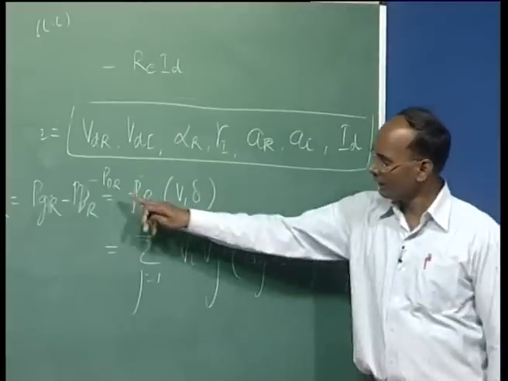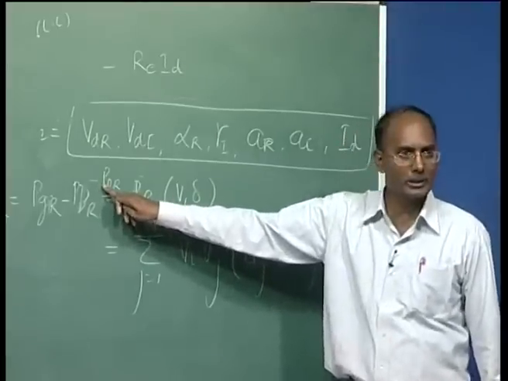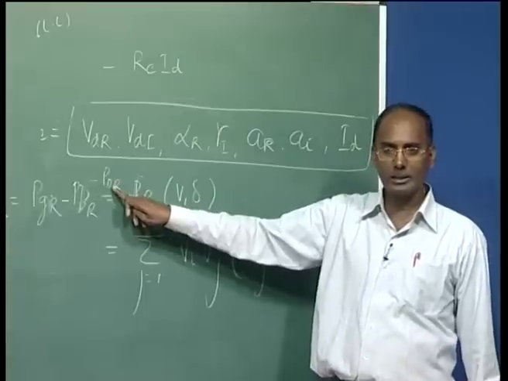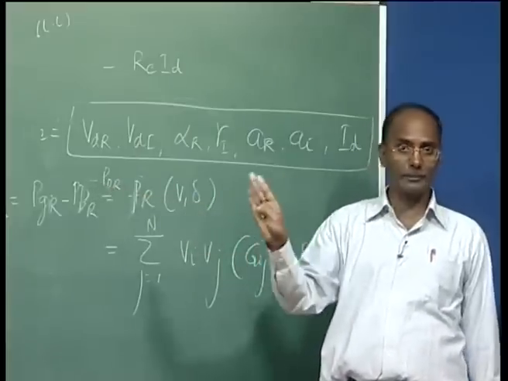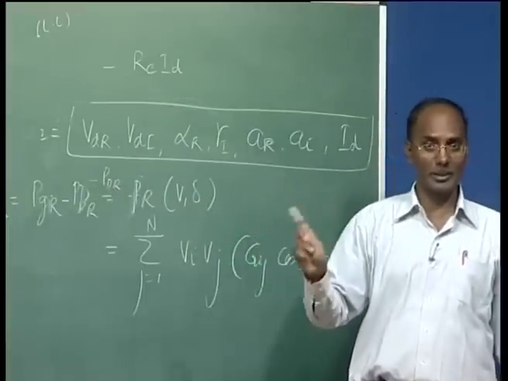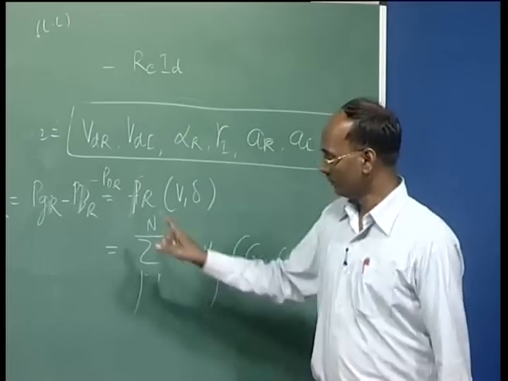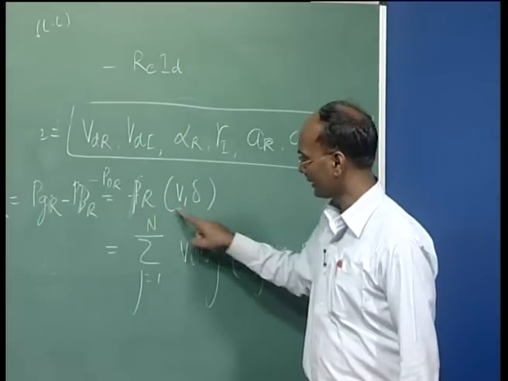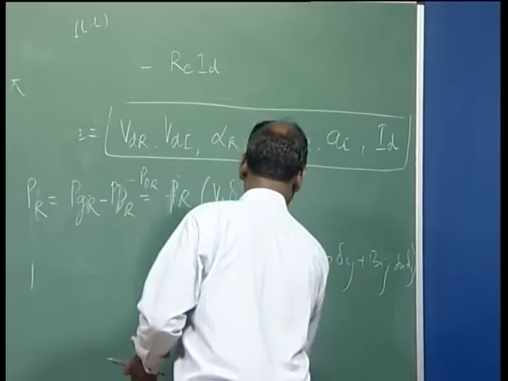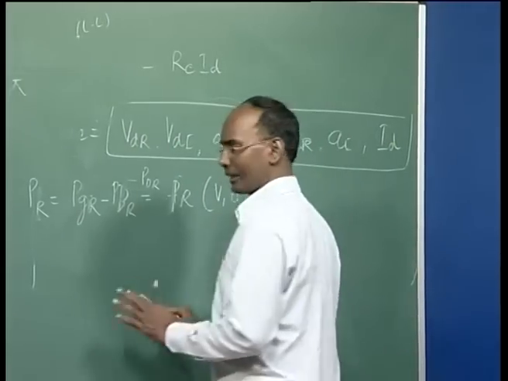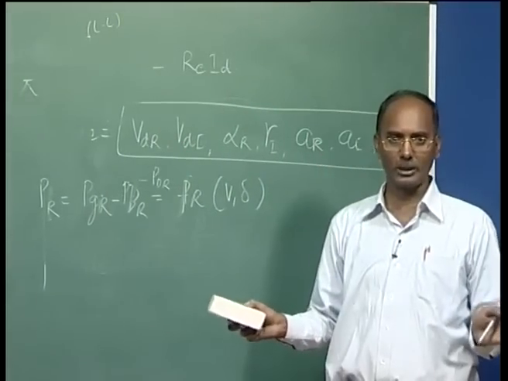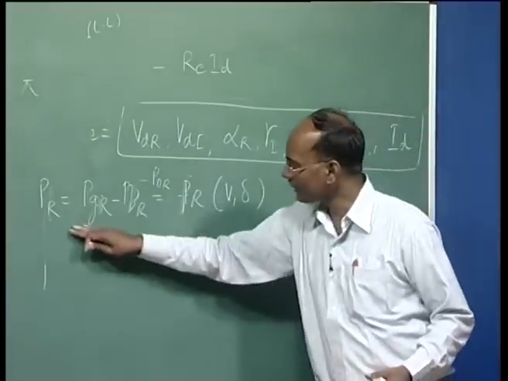Mind it, what I did here is we are now including the DC. So, minus is coming here because it is a load in the rectifier I am writing. For the inverter it will be plus. So, we are writing the expression here. I can remove this because we are not going into detail about this, as we have already studied AC load flow. So, here we are having this expression.